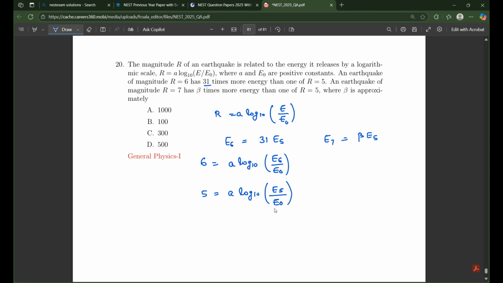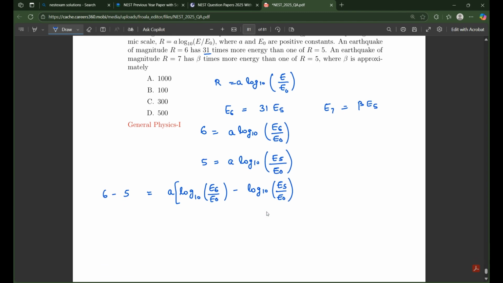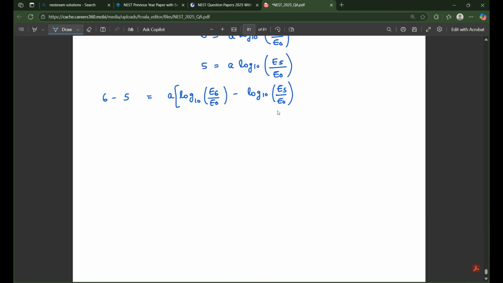We can remove E naught by subtracting both the equations, LHS and RHS. We get A is common, so I take it out. This is the first term minus the second term. Now here we can remember a property of log.